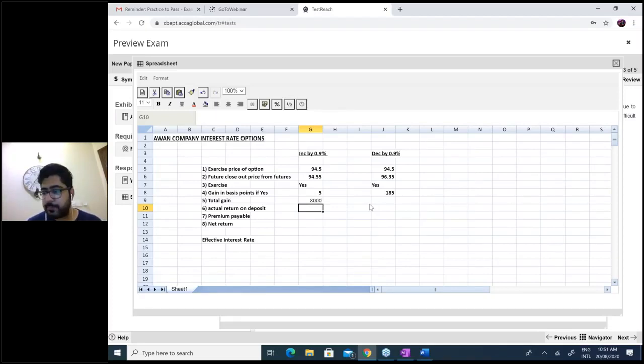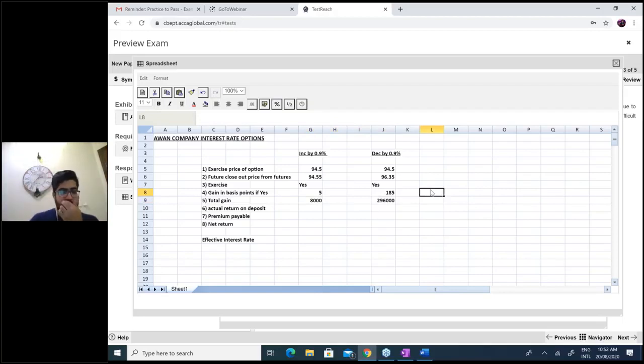Enter. Total gain is 8,000. In the other case, gain in basis points is 185, number of contracts 32, tick 50. So you get total gain 296,000.